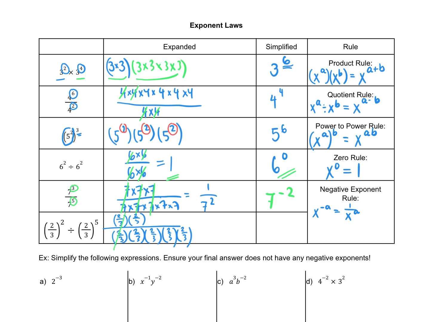And again, 2 pairs of them are left. So technically, this is 1 over 2 over 3 to the power of 3. But when you have 1 divided by a fraction, let me write it out this way instead of as a fraction within a fraction. 1 divided by 2 over 3 cubed.